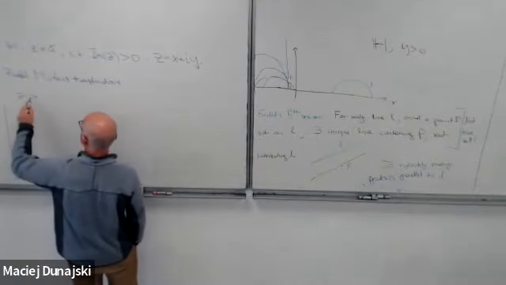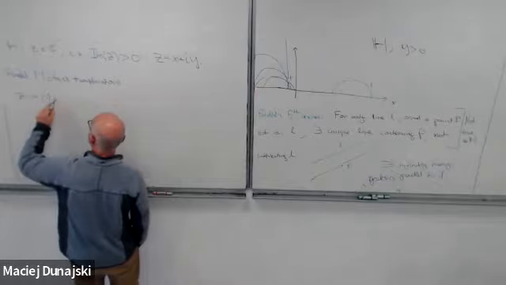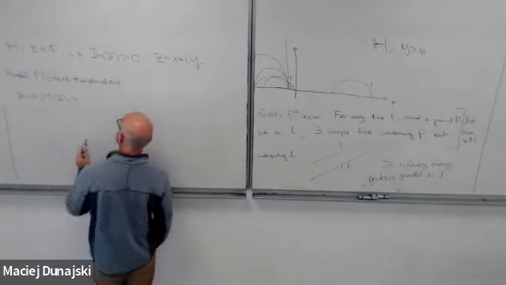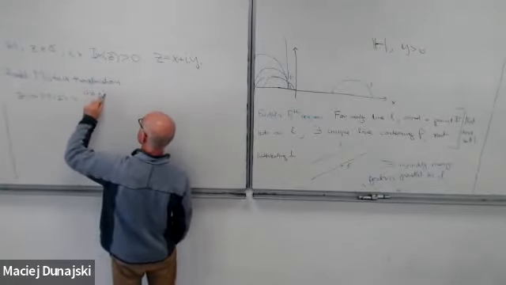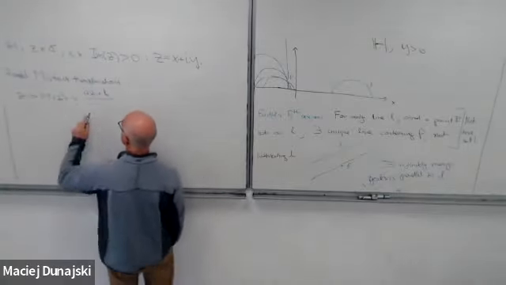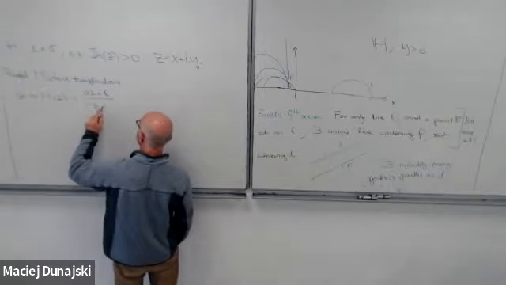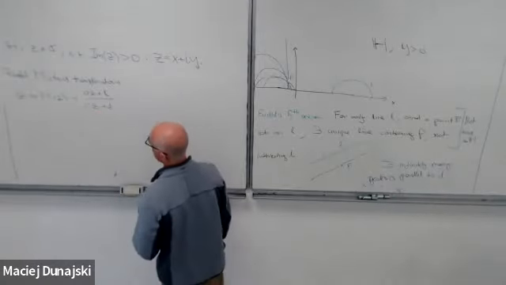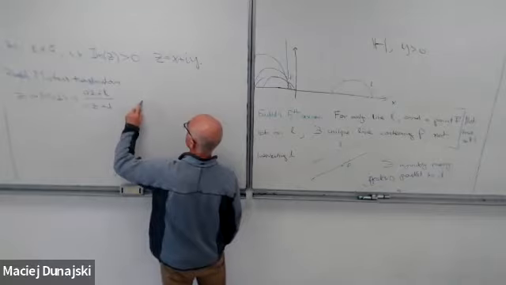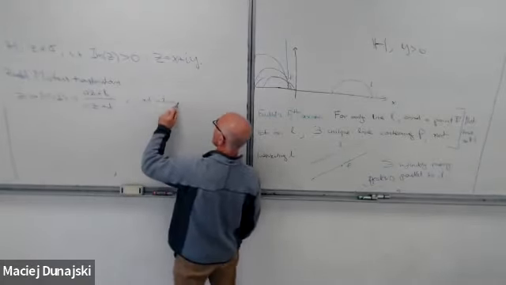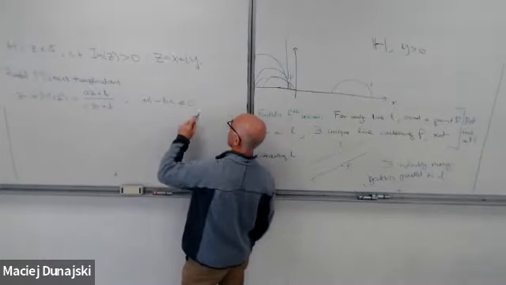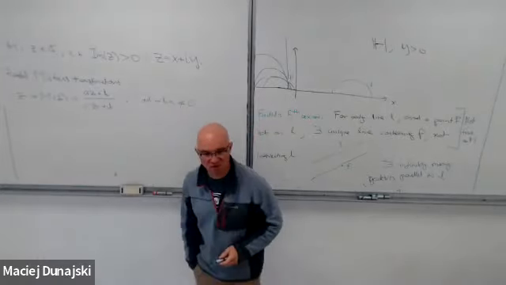Z goes to M of Z, which is defined to be (AZ plus B) divided by (CZ plus D), under the condition that AD minus BC is not equal to 0. Have you seen those?